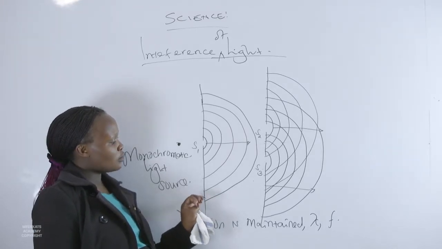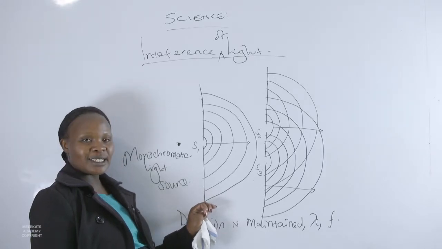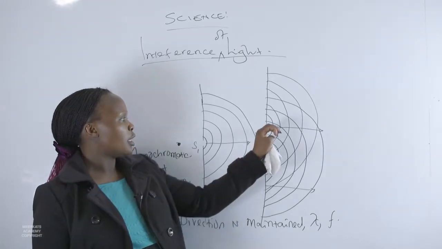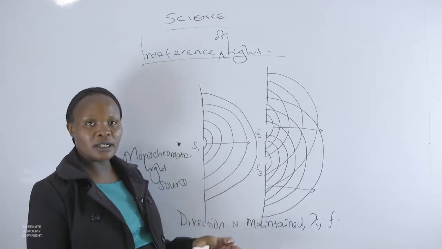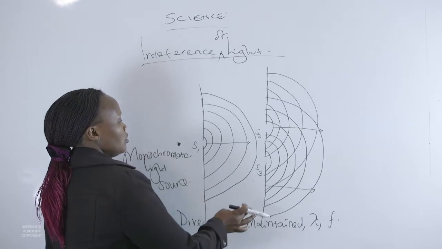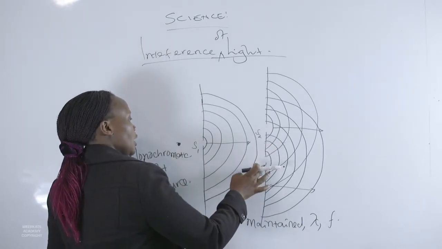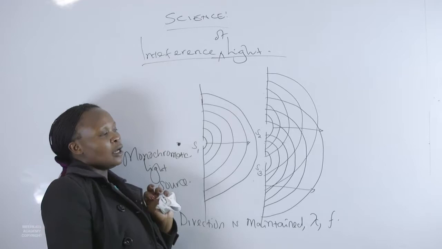Now, these wavefronts will act as incident to S2 and S3. So this diffracted wavefront is what is going to illuminate S2 and S3.